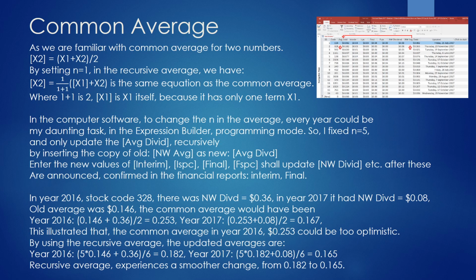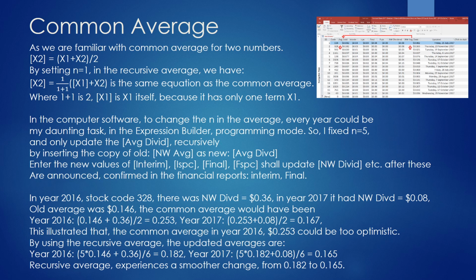We are familiar with the common average for two numbers, average x2 equal to x1 plus x2 divided by 2. By setting n equal to 1 in the recursive average, we have average x2 equal to 1 over 1 plus 1 bracket average x1 plus x2, the same equation as the common average, where 1 plus 1 is 2. Average x1 is x1 itself because it has only one term, x1.